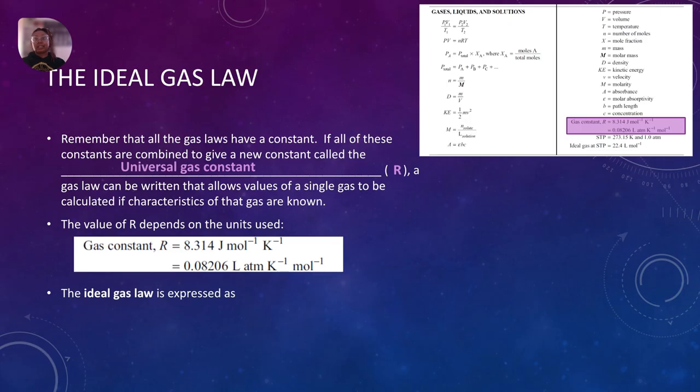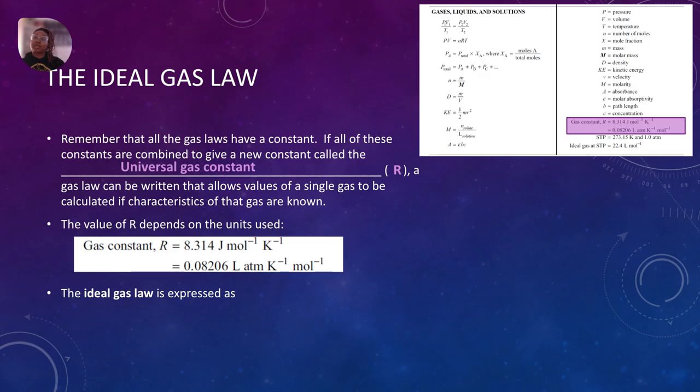So here's my gas constant. My gas constant R, there's two possibilities. There's R equals 8.314 joules per mole per Kelvin. I would use that if joules or another unit that can be converted to joules is being used, okay? The bottom one, 0.08206 liters ATM per Kelvin per mole.